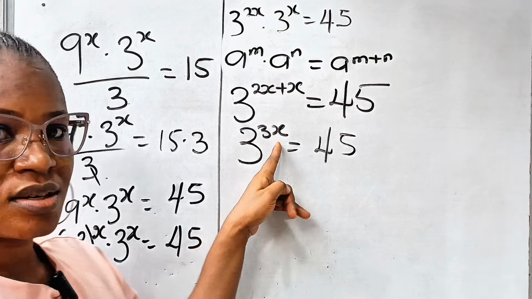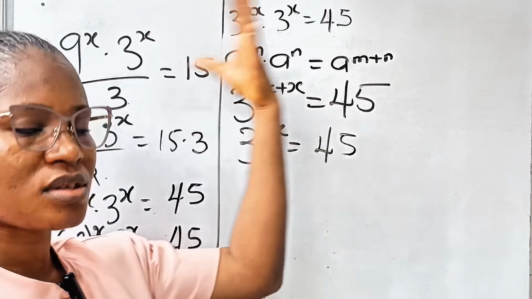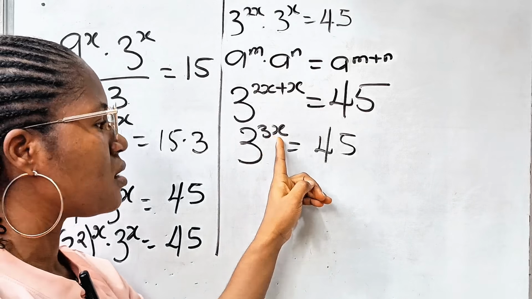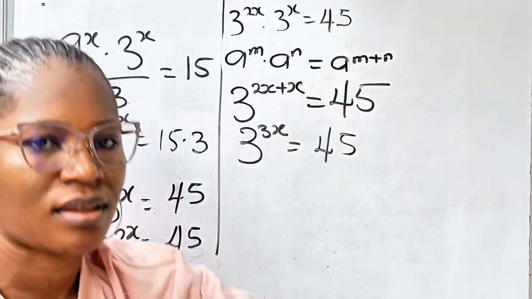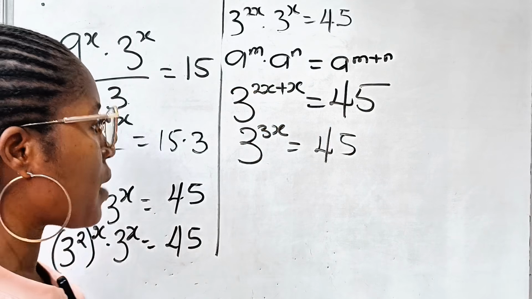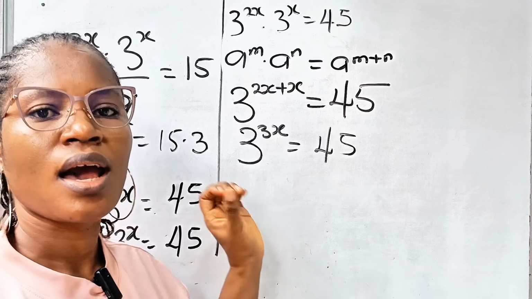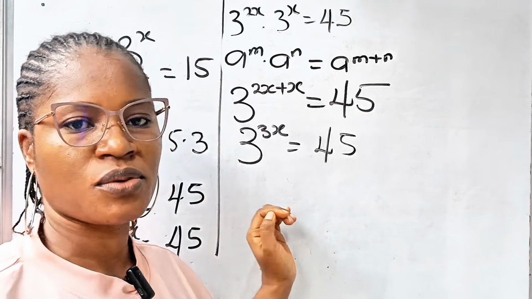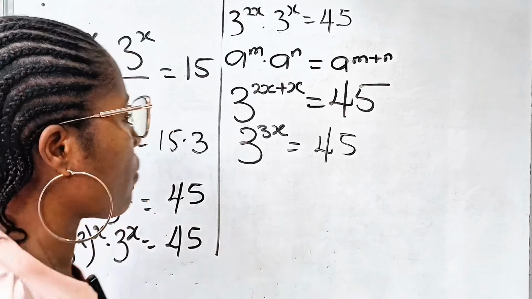We are looking for x, and you can see that this is the index. There is no way we are going to find this except to bring it down. And the only way this x comes down, the only thing it will respect is if we put this in log. Okay, so let's put both sides of this equation in log.